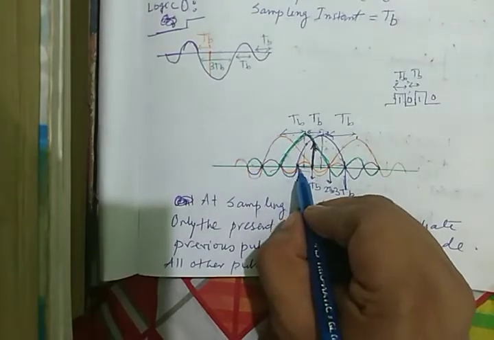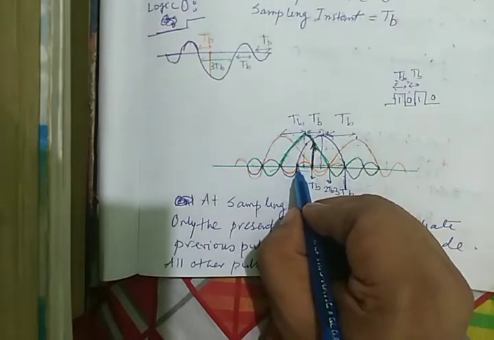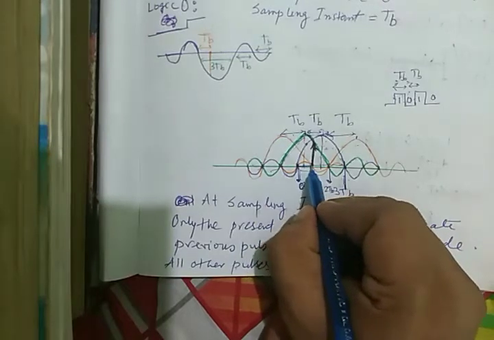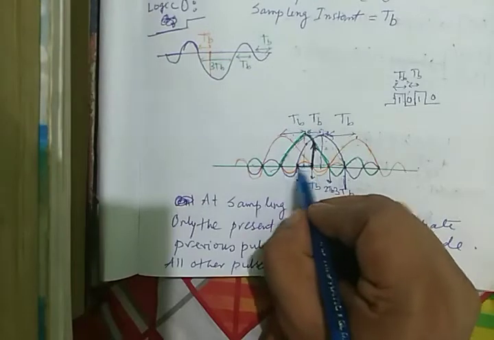So where is the sampling done? Sampling is done from the 0 point, this is the origin, at time Tb from the 0 point.